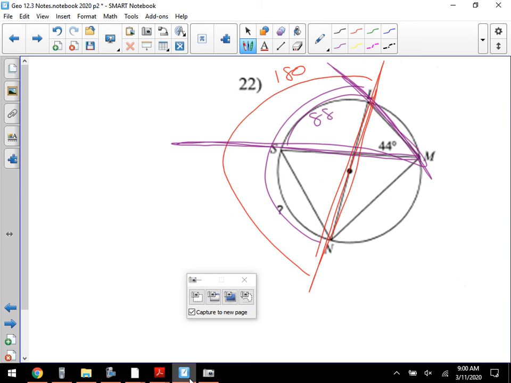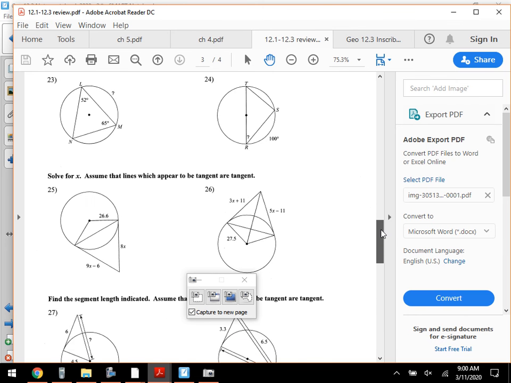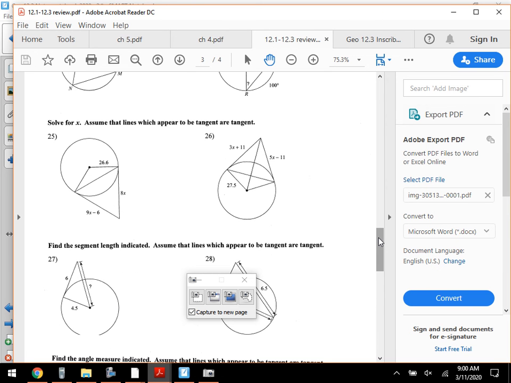I'm back on the third page with 23 at the top there. You look at numbers 25 and 26. Those are your external tangent ones. Do those problems, does the 27.5 or the 26.6 have anything to do with the problem?